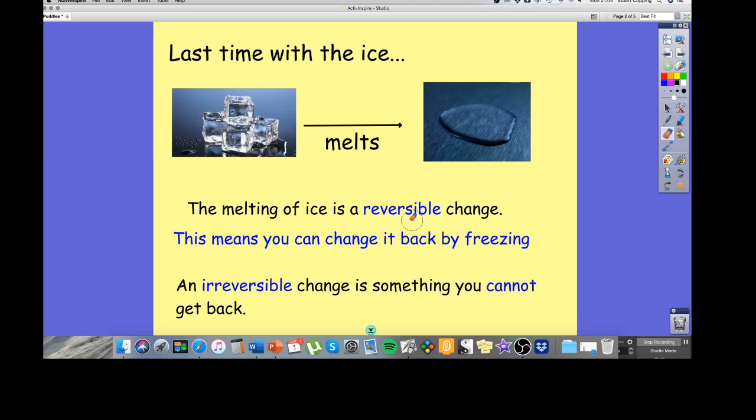If it was an irreversible change, it means that you wouldn't be able to get back what you started with. And we're going to look at some irreversible change experiments a bit later on in the term. But for now, I just want you to know that anything melting is a reversible change, which means we can freeze it to get it back to ice.